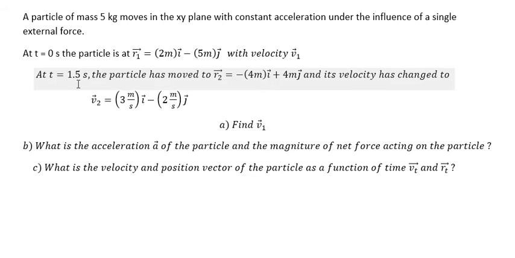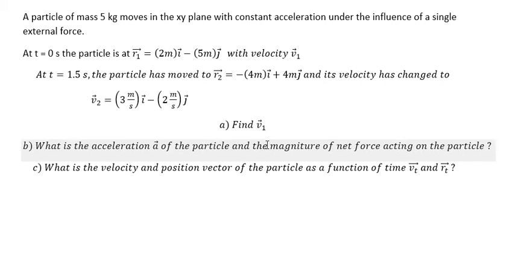At t equals 1.5 seconds, the particle has moved to r2 equal to negative 4 meters i plus 4 meters j and its velocity has changed to v2 equals 3 meters per second i minus 2 meters per second j.